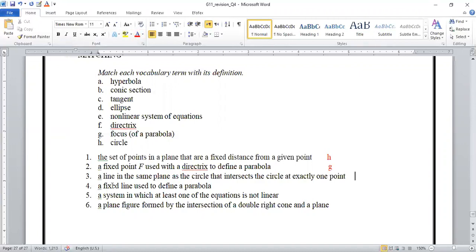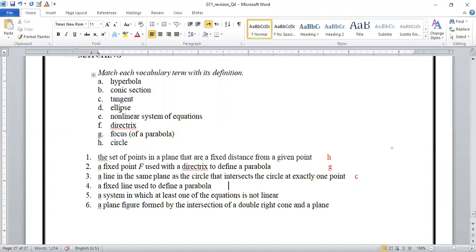A line in the same plane as the circle that intersects the circle at exactly one point is a tangent. Tangent, number C.